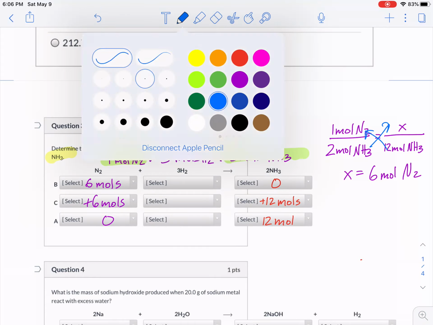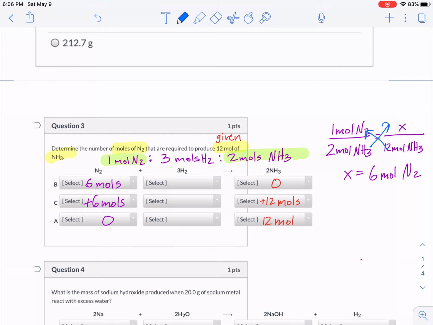Okay, let's go ahead and take a look at hydrogen. Okay, so here's our hydrogen. It's not necessarily in the question. Why do we need to do these calculations? They seem to be extra, but they're not. To really understand how a chemical process occurs, you need to know all of the information. You need to know exactly what is going to be produced, how much you need. So in this situation, we'll go ahead and work with the NH3, the ammonia, because that was given in the question.